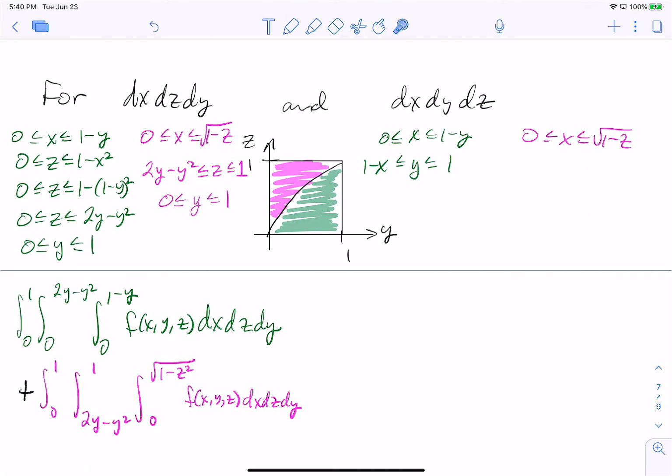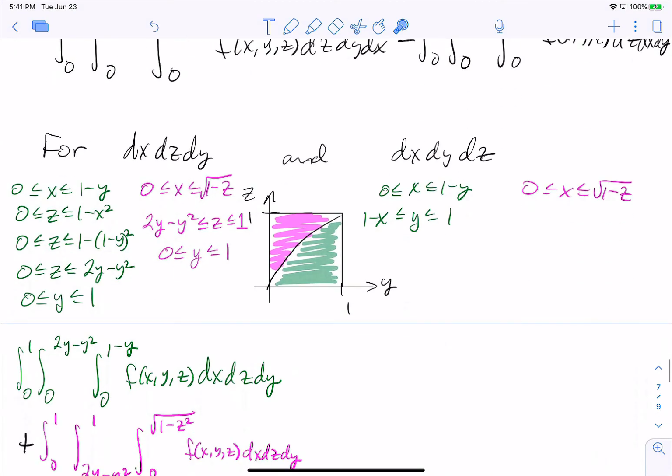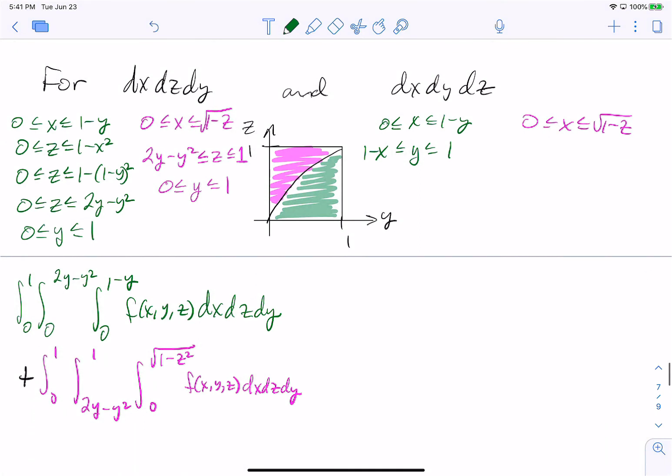However, y can't depend on x if we've already integrated with respect to x. We need x in terms of z, and we have that. X is equal to the square root of 1 minus z. Therefore, y goes from 1 minus the square root of 1 minus z to 1. And we can see that z goes from 0 to 1.